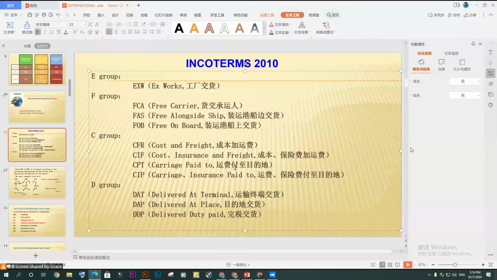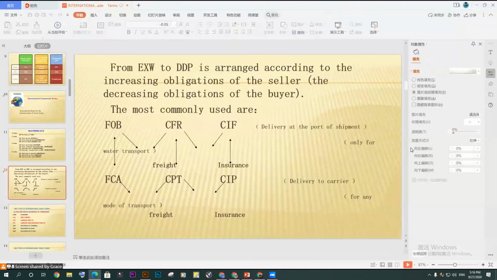Let's go back to the international trade terms. Okay, let's look at these slides here.